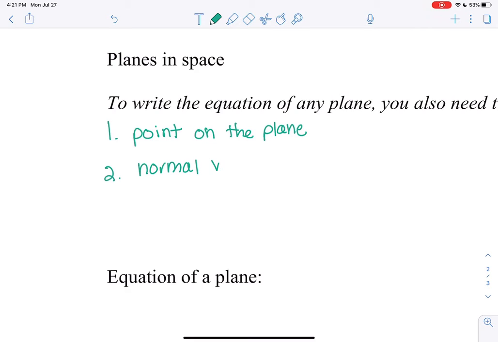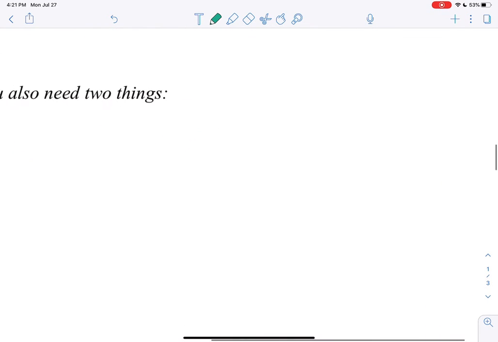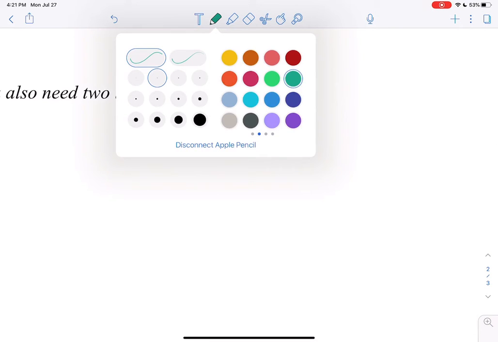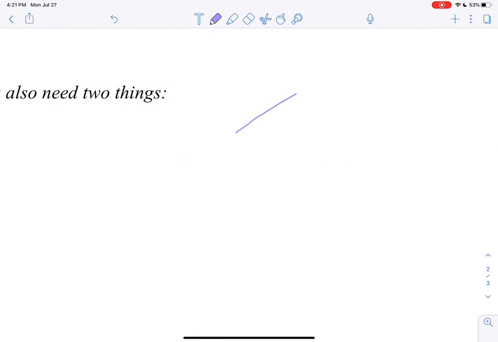What the normal vector does is it defines the orientation of any plane. So if you have a plane that looks like this, then the normal vector is a vector that sticks out from it, completely orthogonal to the surface.